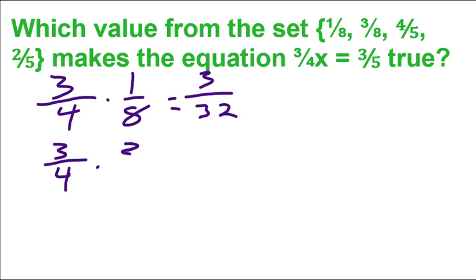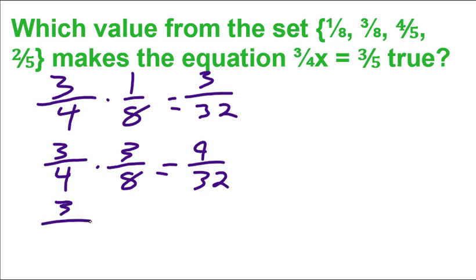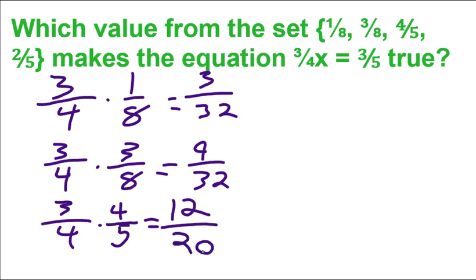3/4 times 3/8. 9 over 32. That's not working. So 3/4 times 4/5. That's 12 over 20. 12 over 20 can be simplified, though.